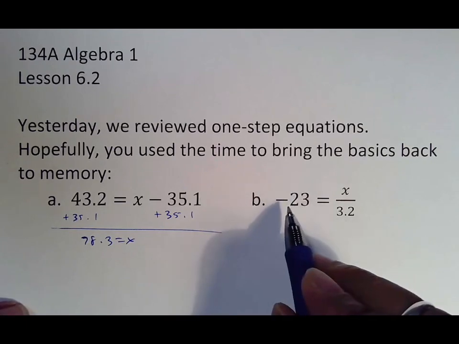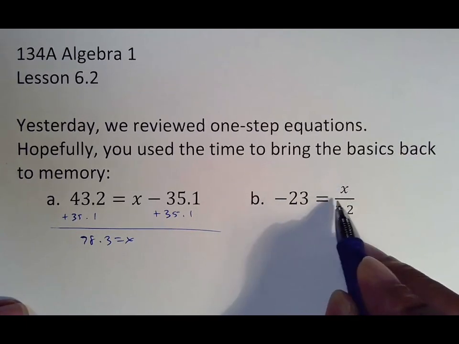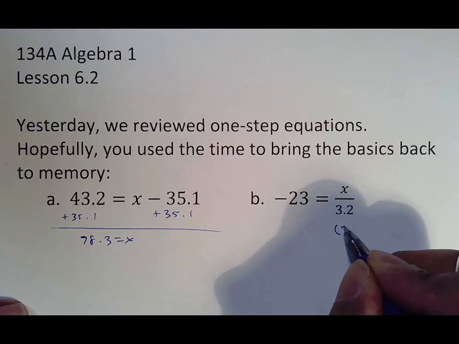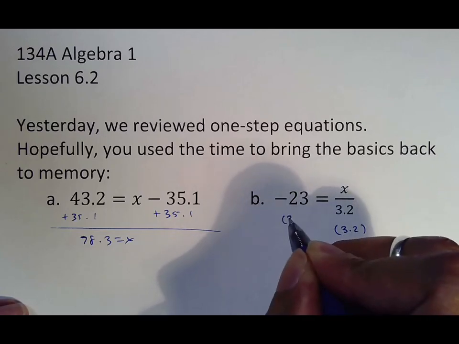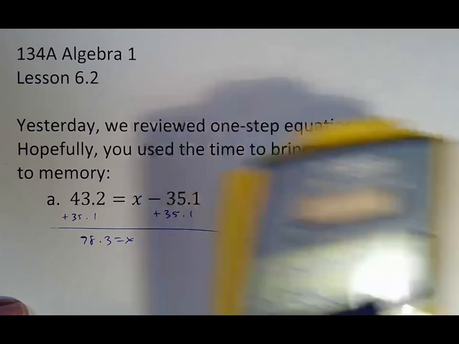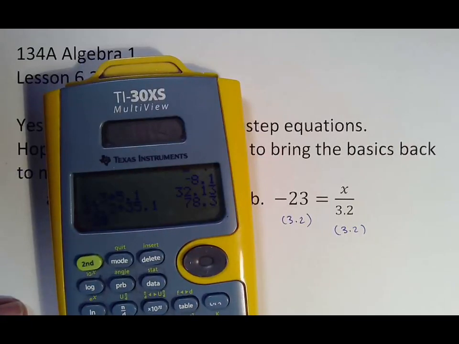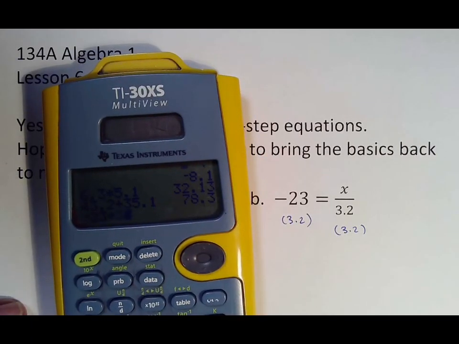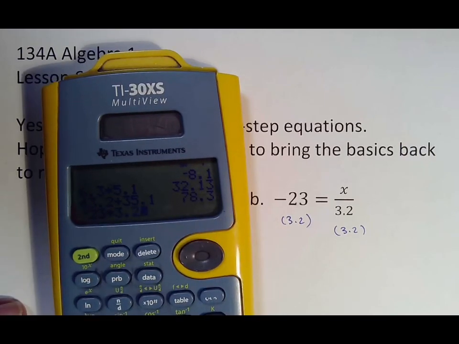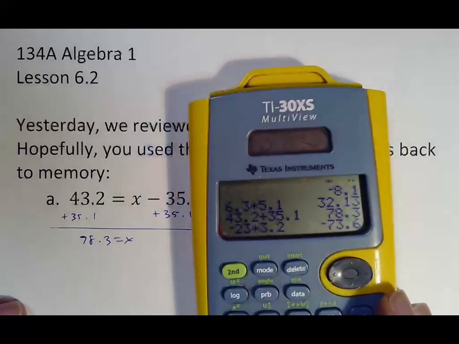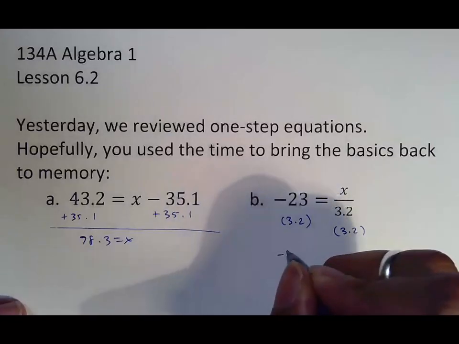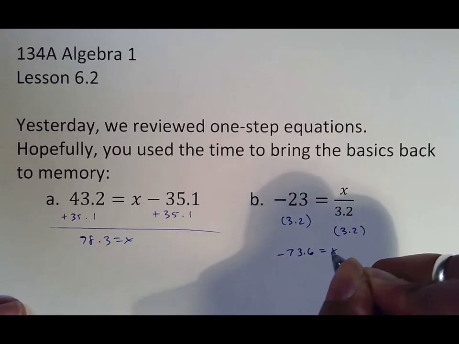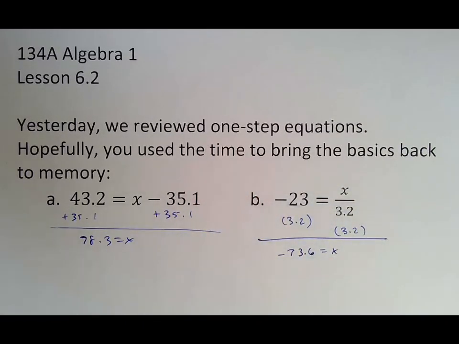On the next one, negative 23 equals x over 3.2. That's divided by 3.2, so we had to practice doing times 3.2. So we do negative 23 times 3.2, which is negative 73.6 equals x. And that was it.